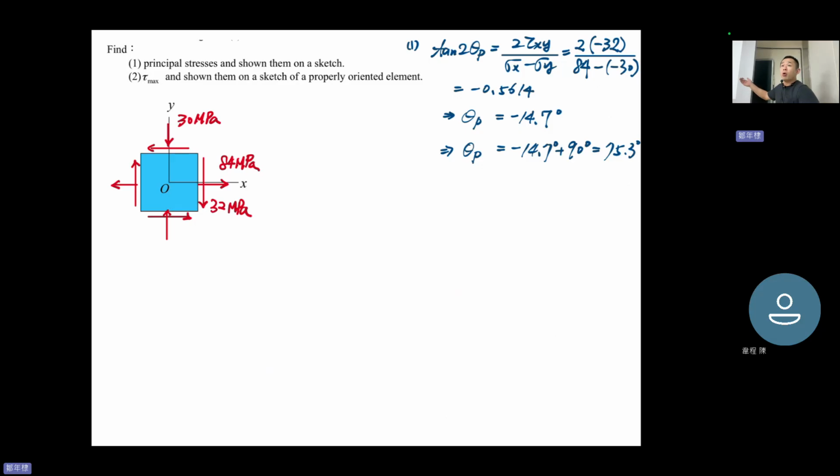So in the real world, 2 theta differs by 180 degrees, and theta p differs by 90 degrees. But we don't know which one is sigma p1 yet. We need to find out. We need to substitute this value into the solution function, and then we will know which one is the greatest.